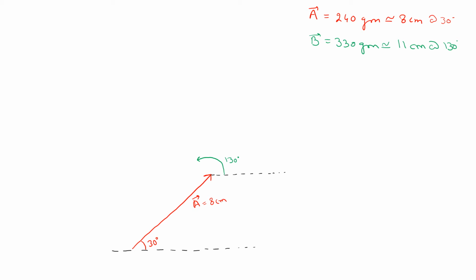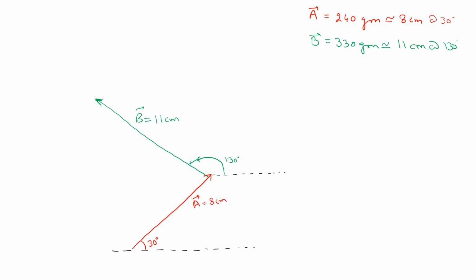The magnitude is going to be 11 centimeter, so I'm going to draw my line of 11 centimeter. This B vector is 11 centimeter on the graph, the original mass is 330 grams, and this total angle is your 130 degrees.